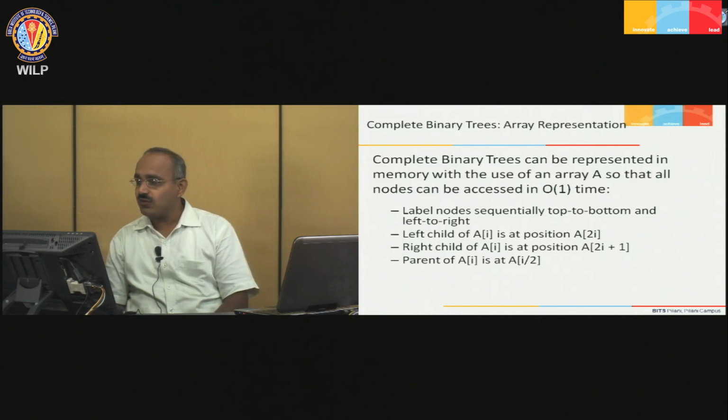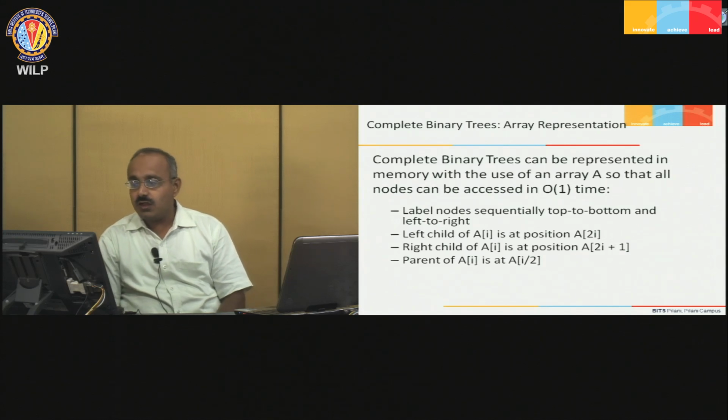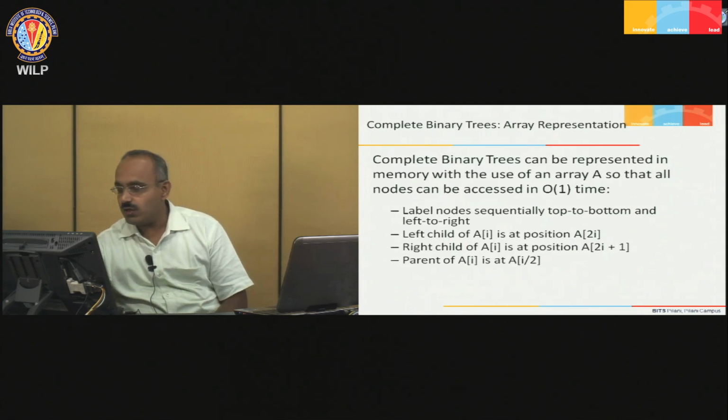We are going to label nodes sequentially, top to bottom and left to right. Left child of ai is going to be at position a of 2i, right child of ai is going to be at position a of 2i plus 1. Parent of ai is at a of i by 2.